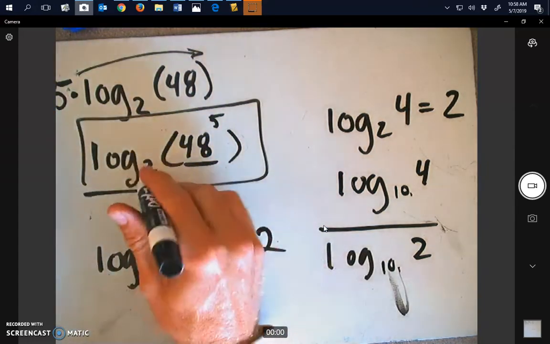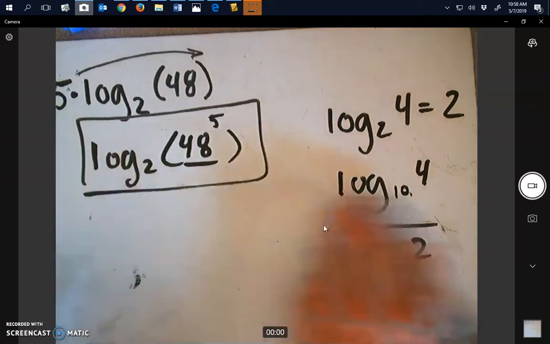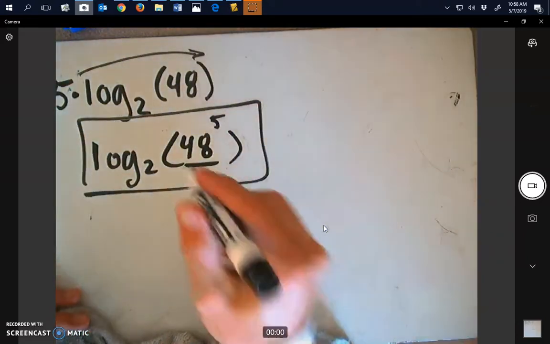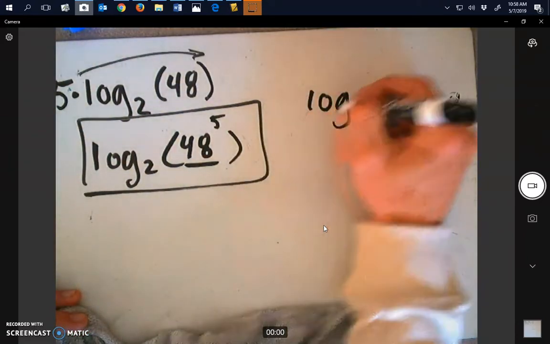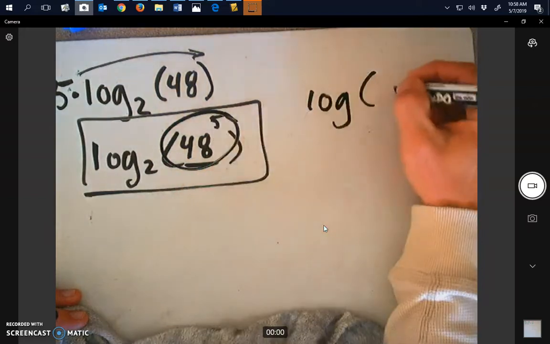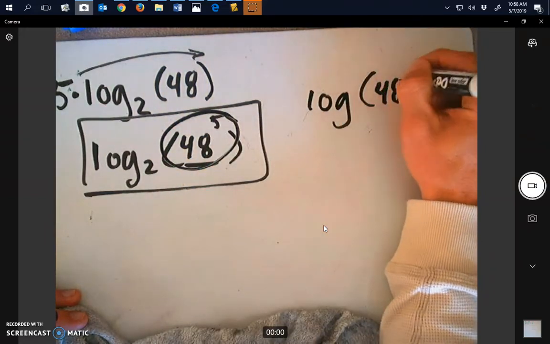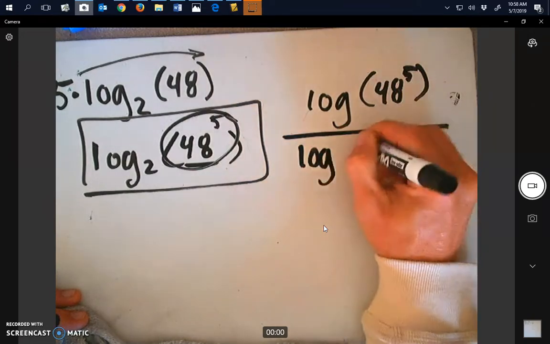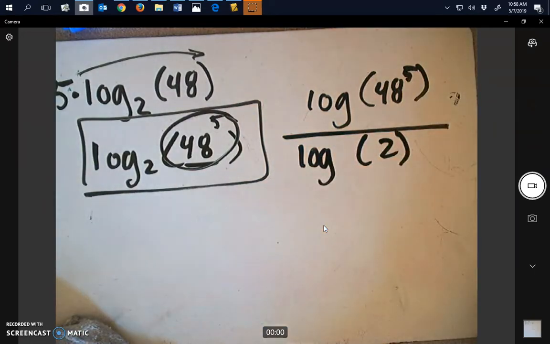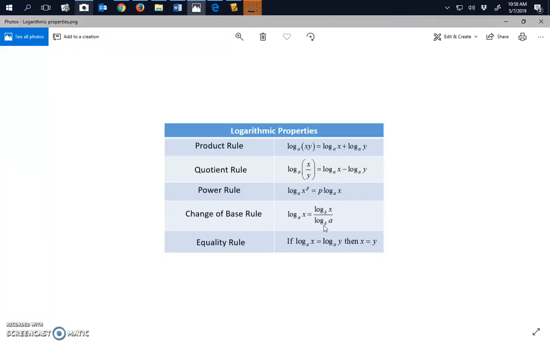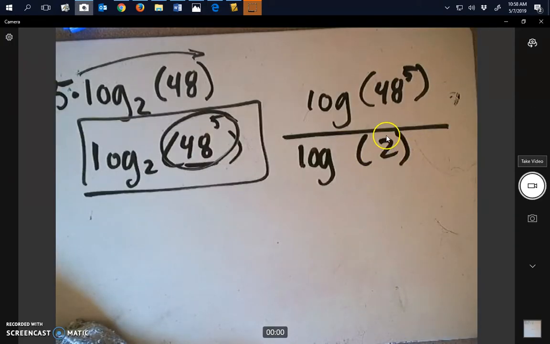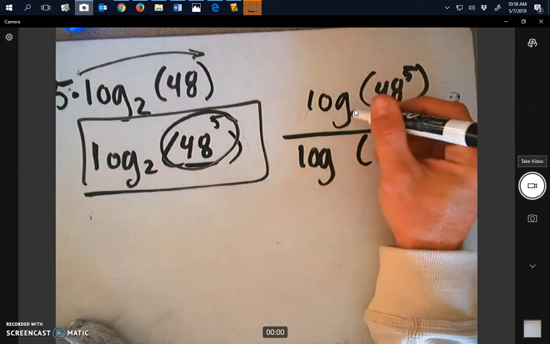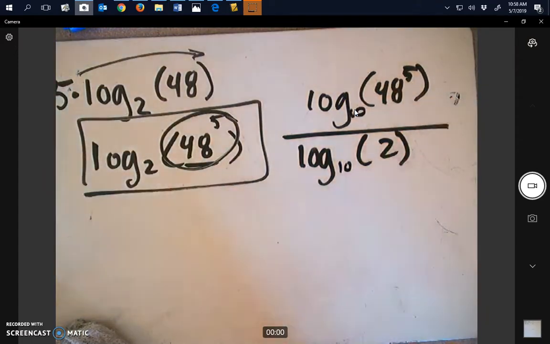So we're going to rewrite this problem as log of this number, which is 48 to the 5th, all over log of 2. Once again, that's just using the change of base right here. This can be any base we want. We're going to leave it as 10. I can write it if I want to, but I don't have to.